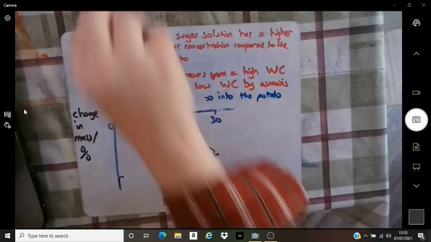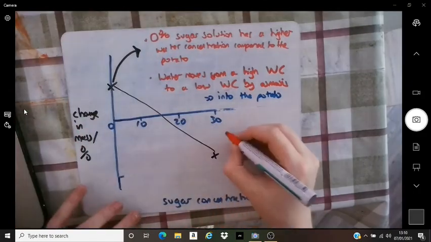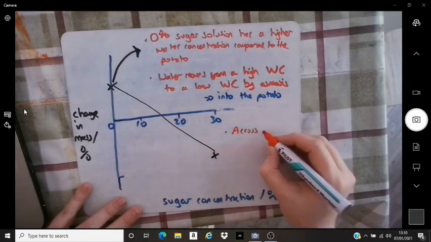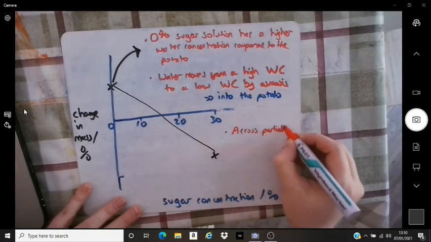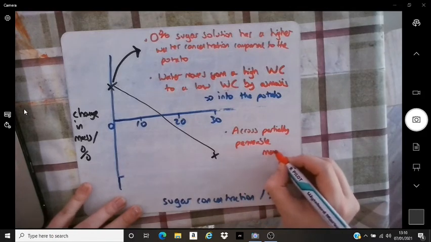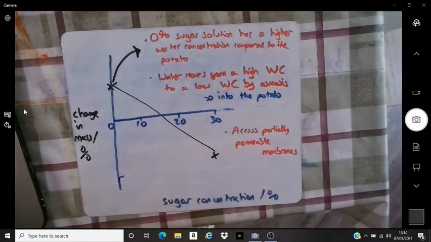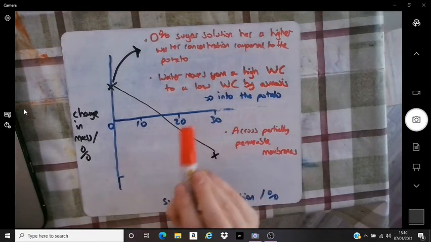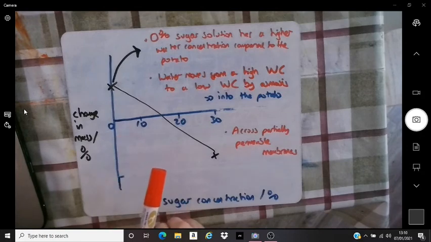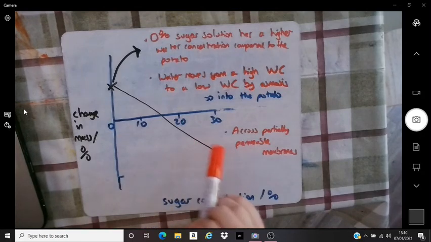And don't forget the marking point, the fact it's going to be moving across the potato's partially permeable membranes. And therefore, the potato's now got more water inside it, which means it's going to have a higher mass than before. At these higher concentrations, it's the opposite effect.